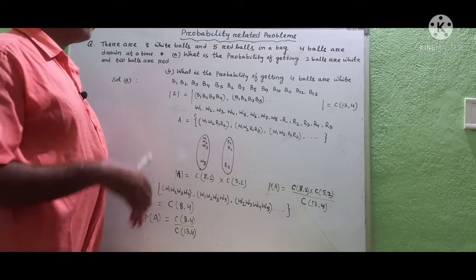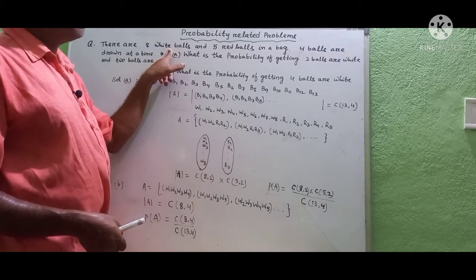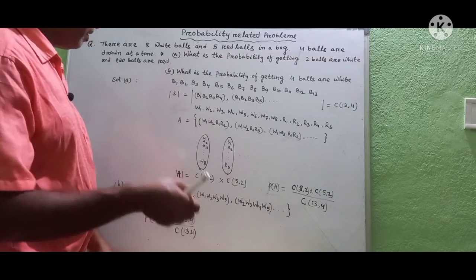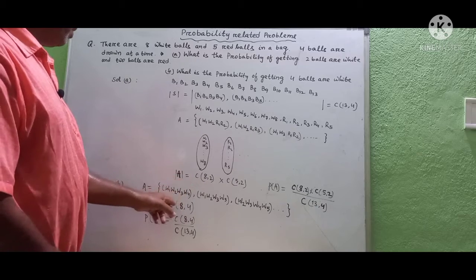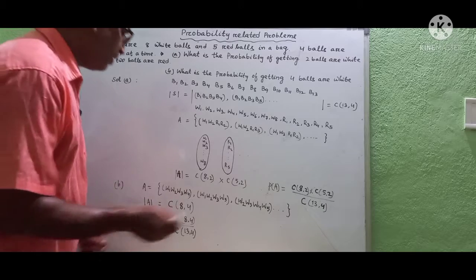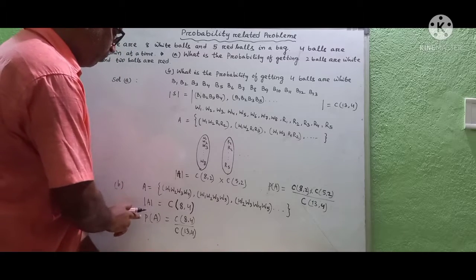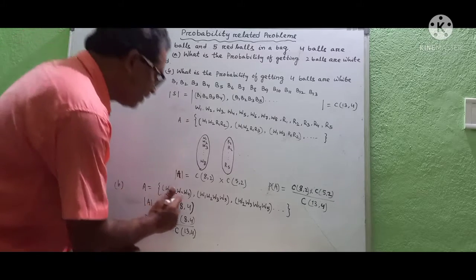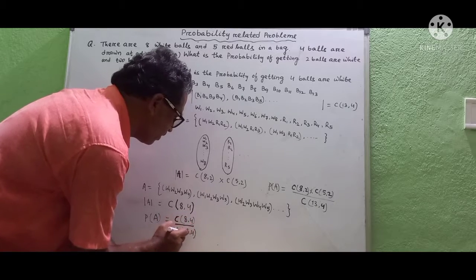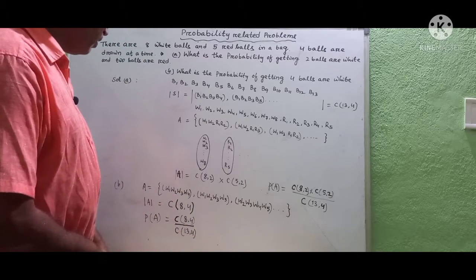That means you will have to take 4 white balls out of 8 white balls, and you will have to take nothing from the red balls. So the cardinality of A is equal to C8,4. So the probability of A is equal to C8,4 by C13,4.